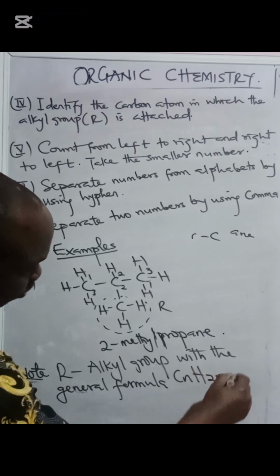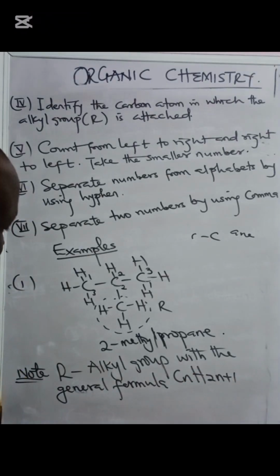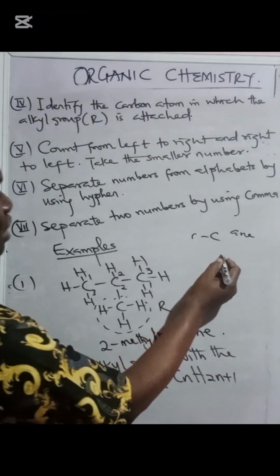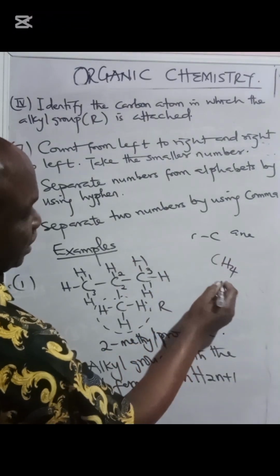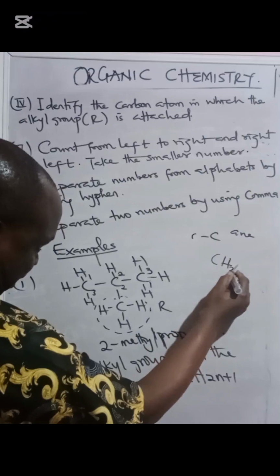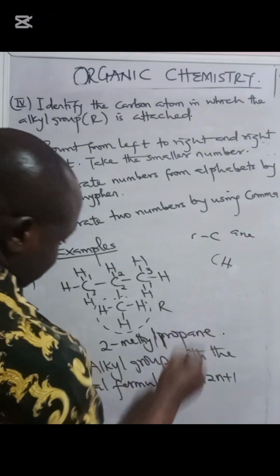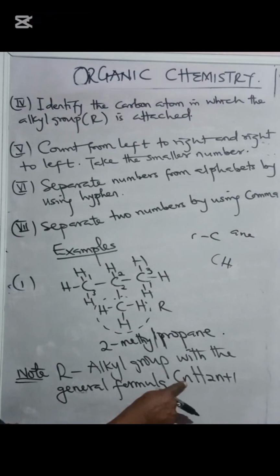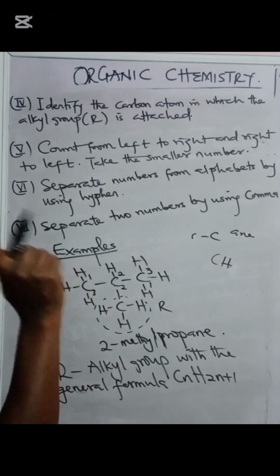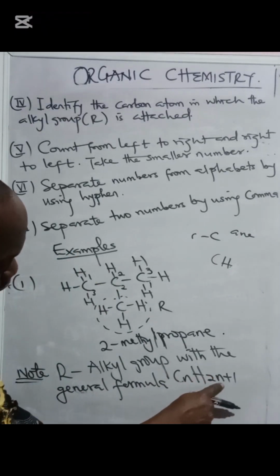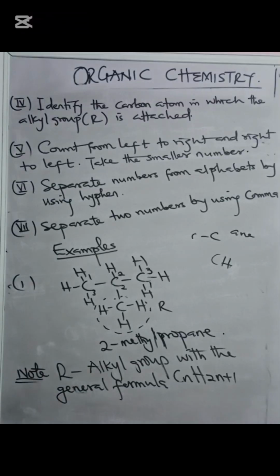It is a derivative of alkane when one hydrogen atom is removed. The general formula is CnH2n+1, while that of alkane is CnH2n+2. This is what we call the alkyl group.